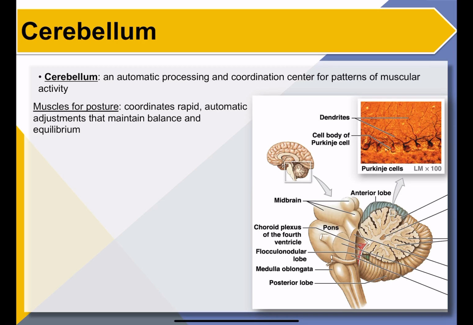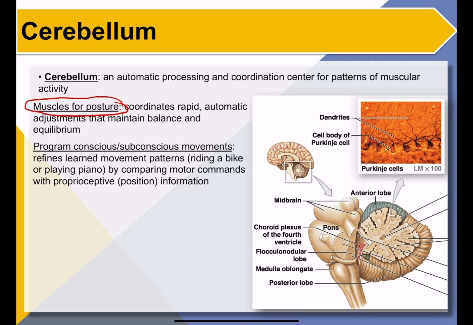And the fact that we can stand up from our chair now without losing our balance is because our cerebellum has stored and learned the information on how to make those automatic adjustments in our muscles to maintain balance and equilibrium. So one of the functions the cerebellum has is that it allows our muscles to know what to do for the right posture.